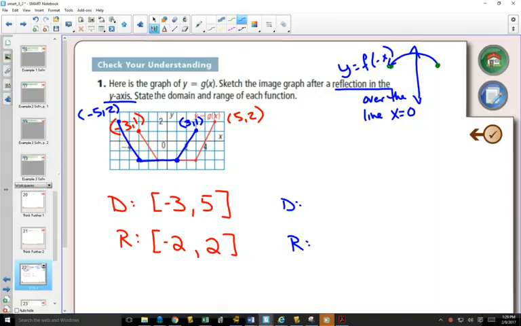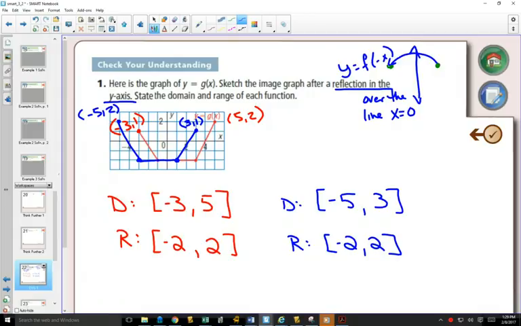Now, when we look at our domain and range for our blue graph, we'll notice something. We'll notice that the range is the same, but the domain has changed. How has the domain changed?